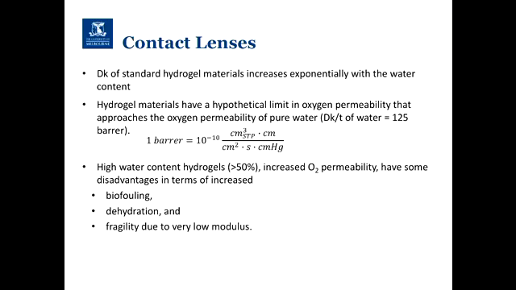So hydrogel materials have a hypothetical limit in oxygen permeability that approaches the oxygen permeability of pure water. Your hydrogel is essentially made up of water, so that is your limiting component variable in terms of gas permeability. So the gas permeability of your hydrogel material is not going to be any greater than what it is of water.